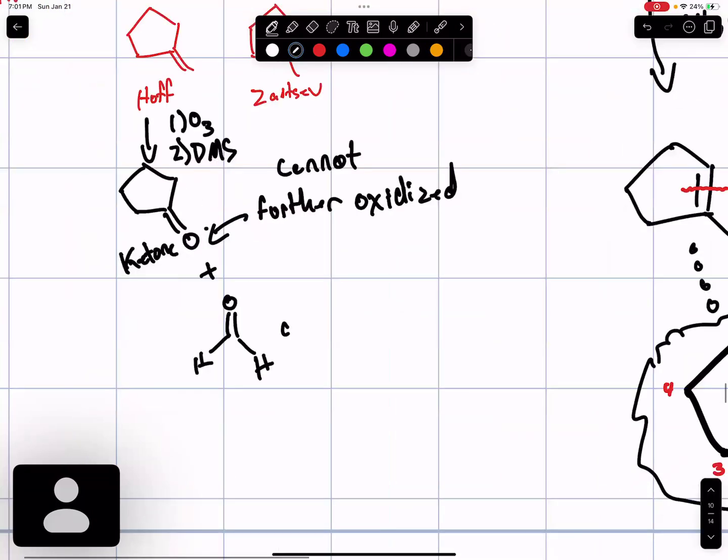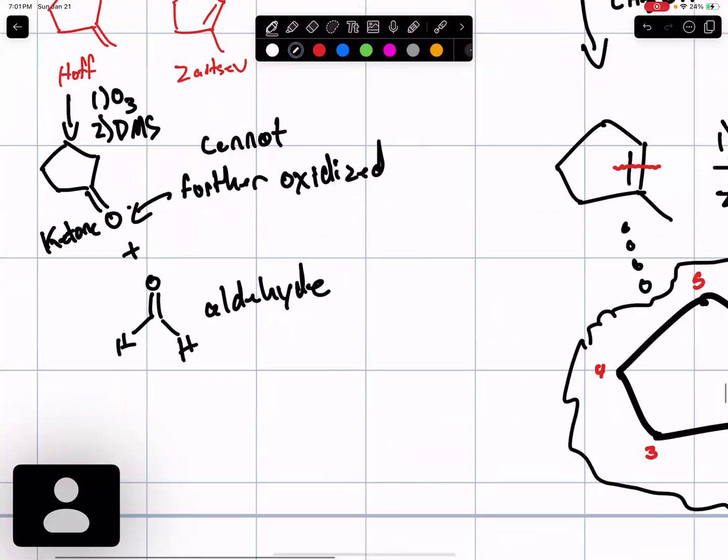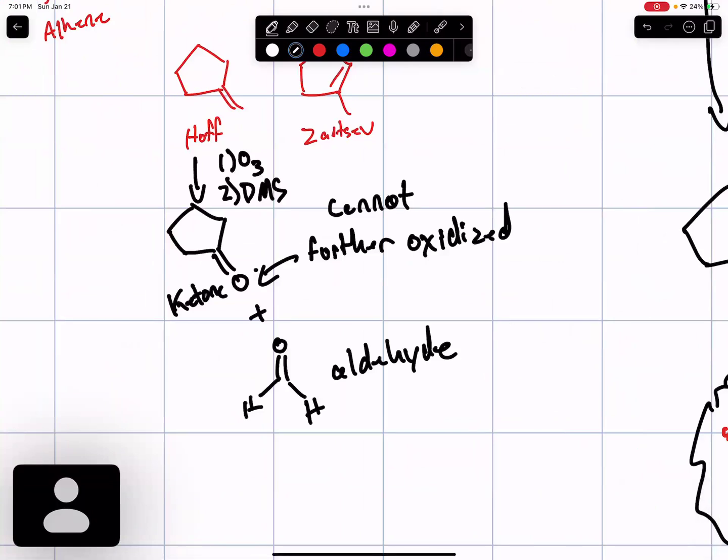And we would have gotten an aldehyde. This aldehyde. So that wouldn't have worked either. Okay, and if you also notice, we've just shortened our carbon chain.